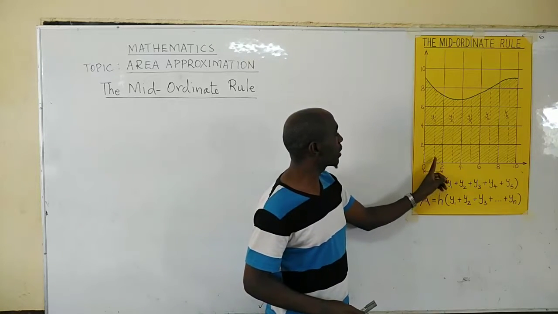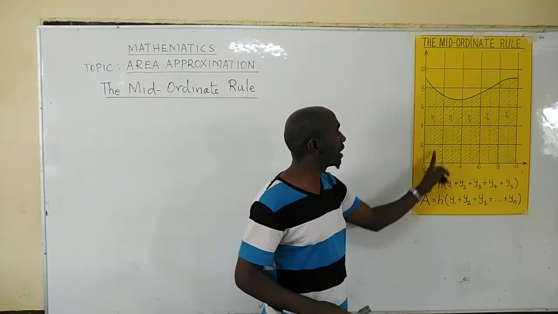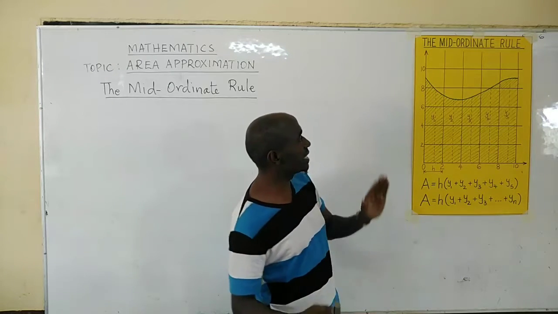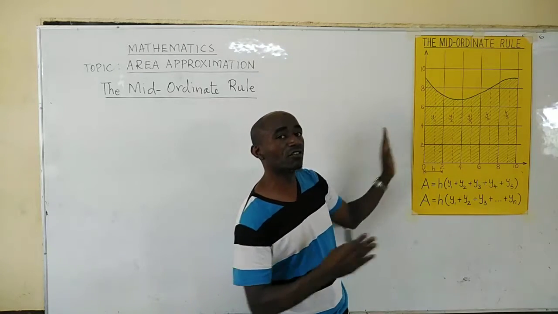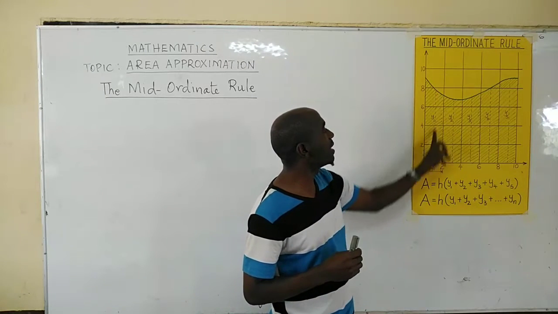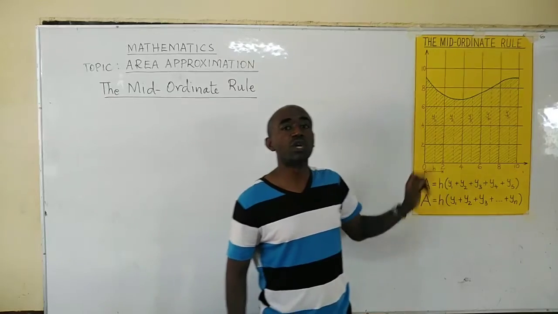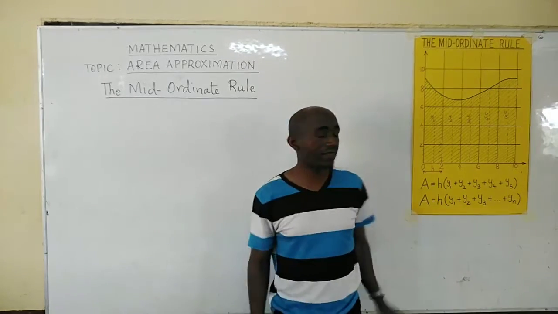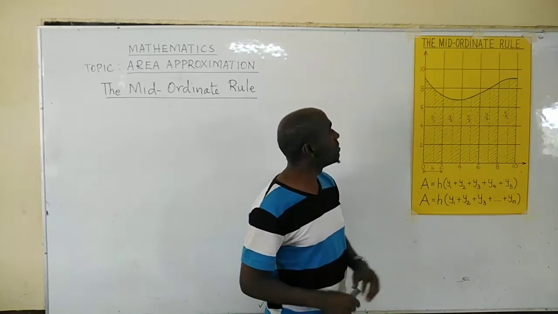This broken line here, we are going to take as our length, because that length is like the average of the two. So we take the length which is in the middle, which is now called the mid-ordinate.